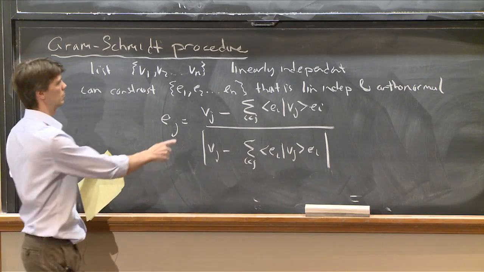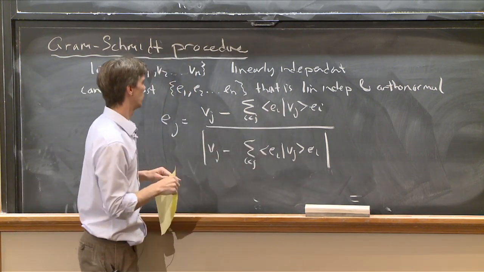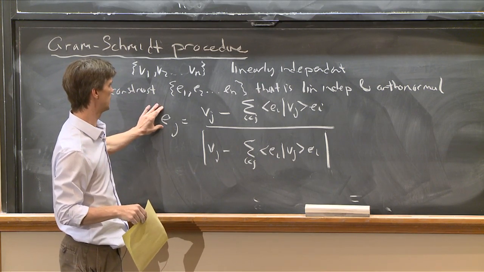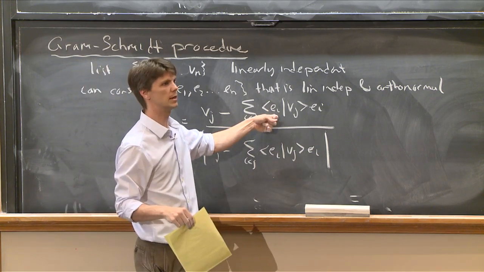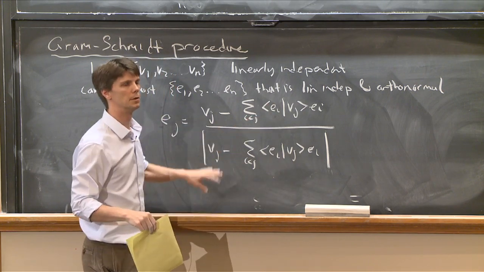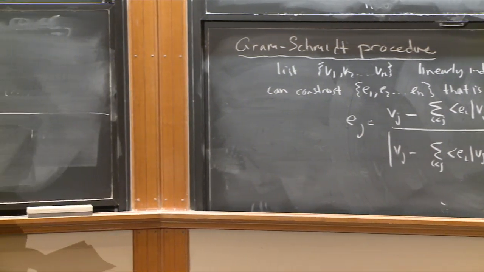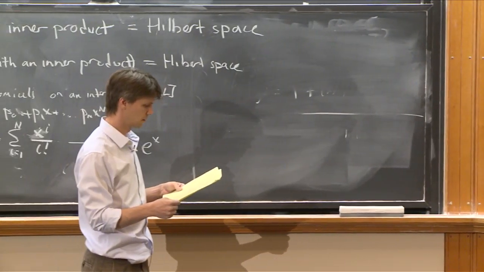By this sum, you're orthogonalizing Ej versus all of the previous Eis that you've already defined. And then you normalize it by dividing by its length. So that's something that's very useful.